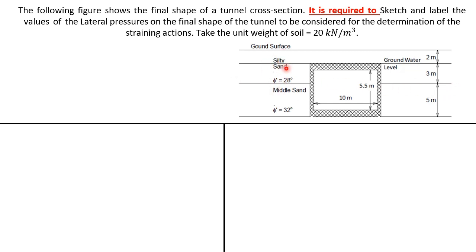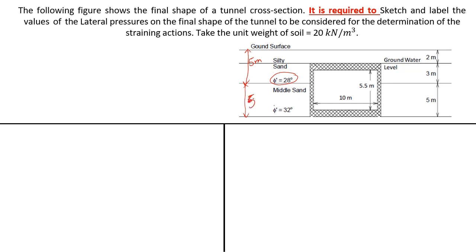You have here silty sand with phi 28 degrees, and here you have middle sand layer with phi of 32 degrees. So you have two sand layers: for the upper 5 meters, you have phi equal 28 degrees, and for this 5 meter layer you have another sand layer with a different phi angle, which is 32 degrees.